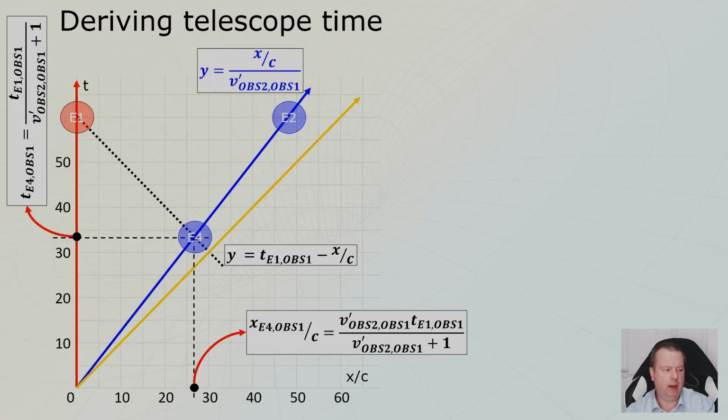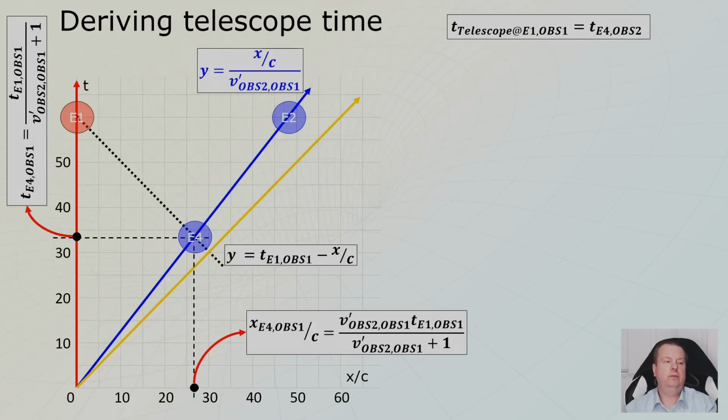You can do this by intersecting the blue line with the black projection line. So it looks a little bit complex, but if you give it a try, I'm sure you can figure out that these are the coordinates of event number 4 through the eyes of observer number 1, the stationary observer.